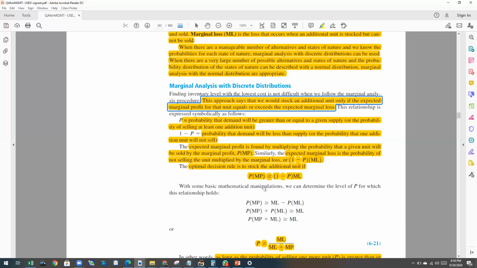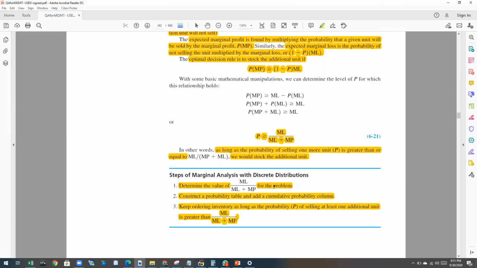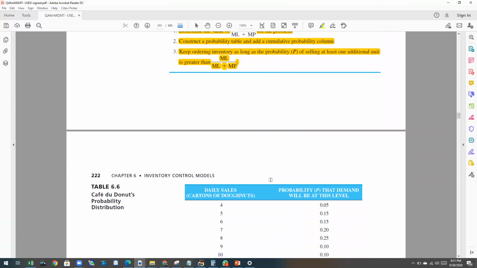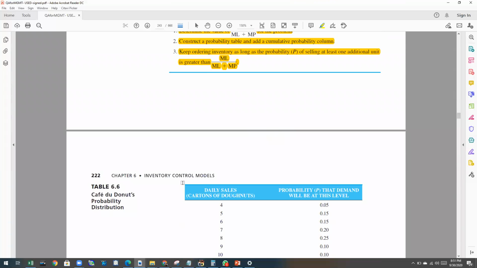But if the expected marginal profit is less than the probability of being unable to sell an additional unit multiplied by the marginal loss, then we need to stop. Those are some terminology and concepts. Let's look at an example immediately.